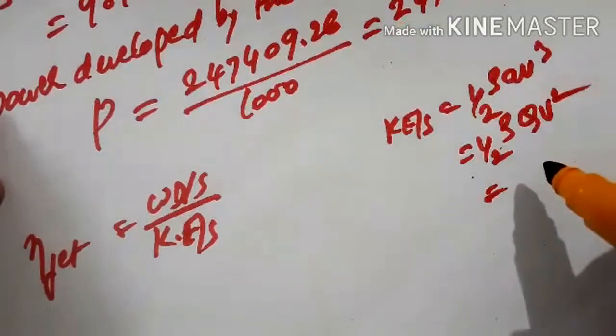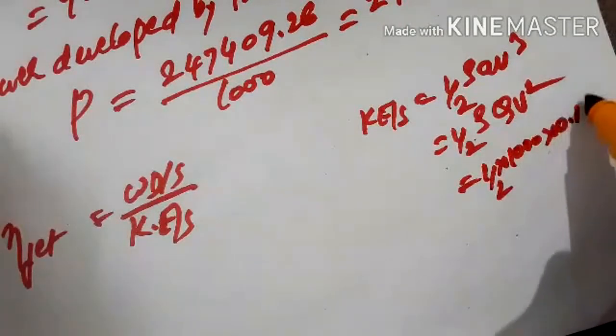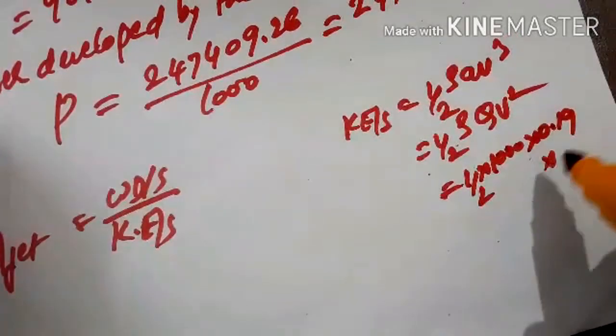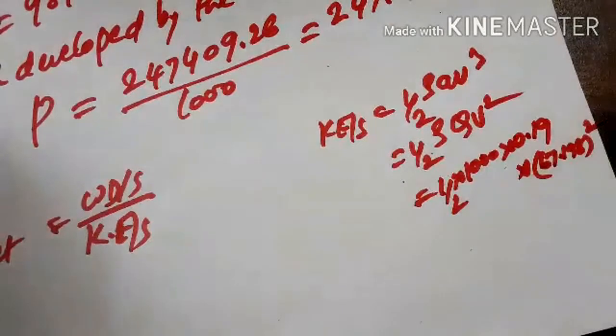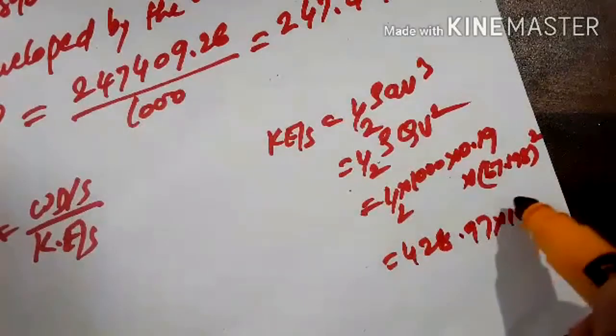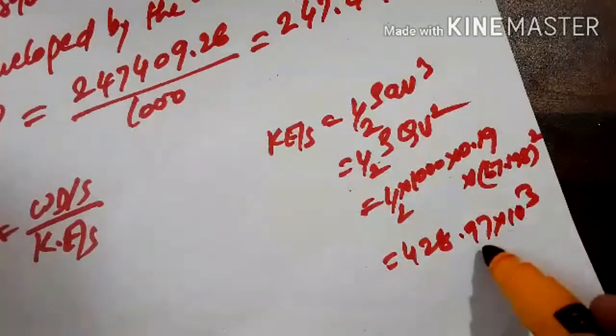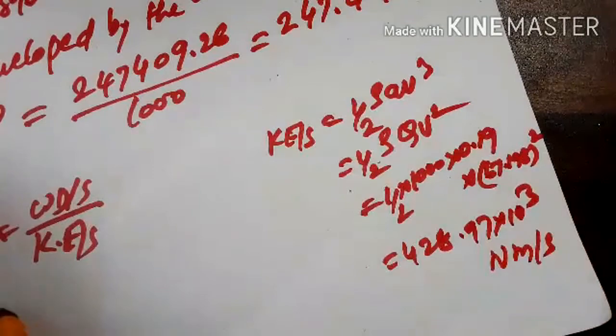Substituting, that is half into 1000 into 0.19 into 67.198 square, divided by 2, you will get 428.97 into 10 raised to 3 Newton meter per second.